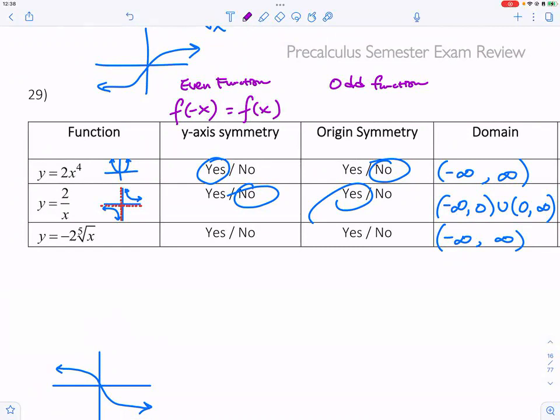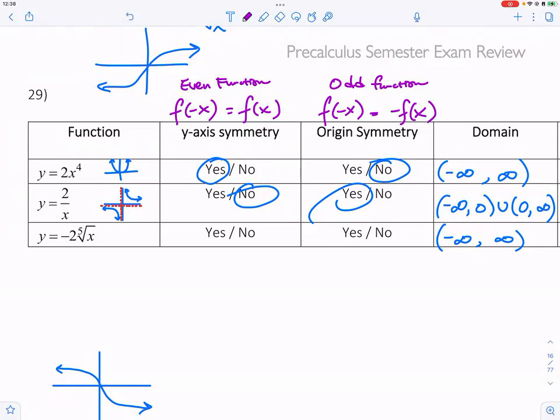An odd function is that when you go to the other side of x, you go to the other side of the y value too. So that's why we have f of negative x equals negative f of x.